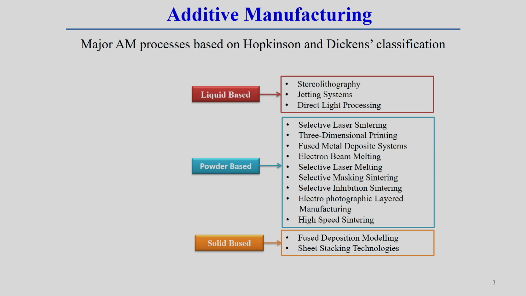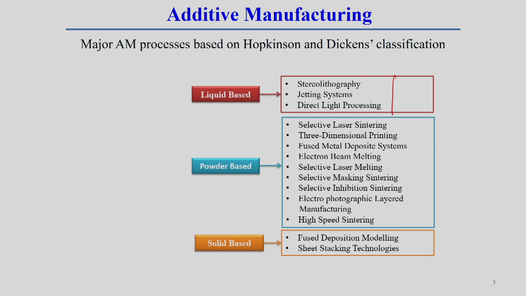Liquid based additive manufacturing includes the very oldest process, stereolithography, as well as jetting systems and direct light processing. These are the three different processes based on liquid based additive manufacturing.